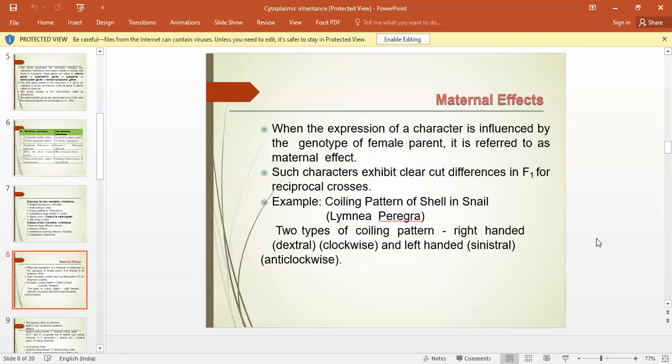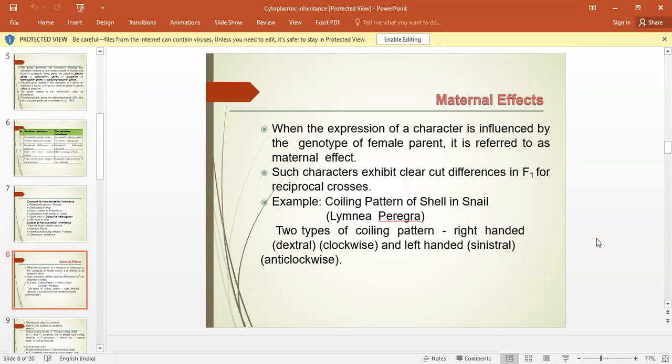Maternal effect means what? Whatever the genotype or whatever the trait, character which is coming from your mother or your female parent, that is known as maternal effect. So remember this definition: when the expression of the character in the zygote is influenced by the genotype of the female parent.